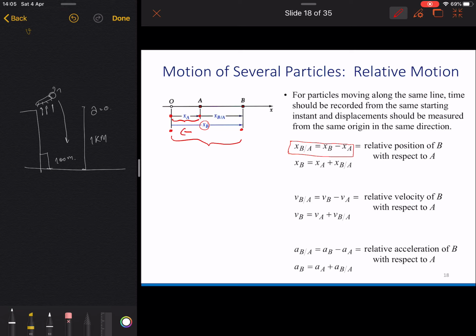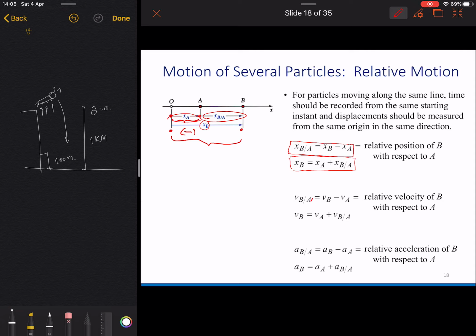So we subtract each other's. Okay? You understand? And the other way around, the distance b is also equal to distance a here, summed with the distance b with respect to a.